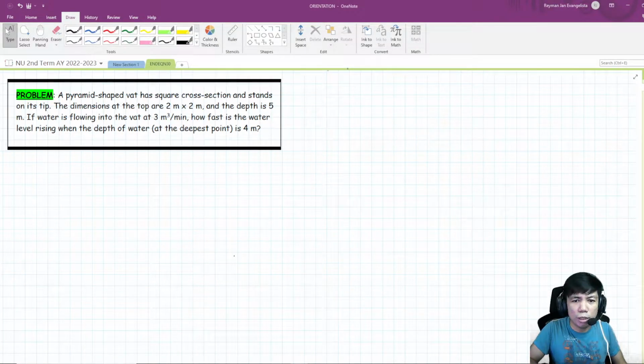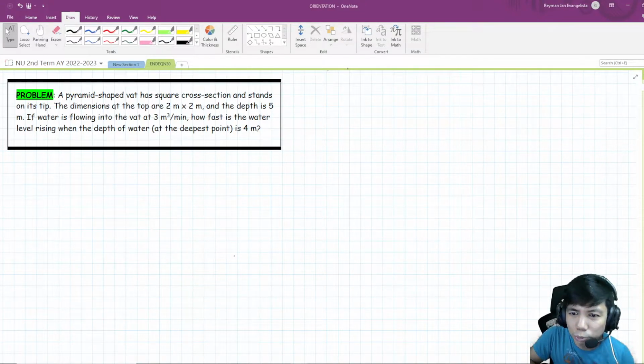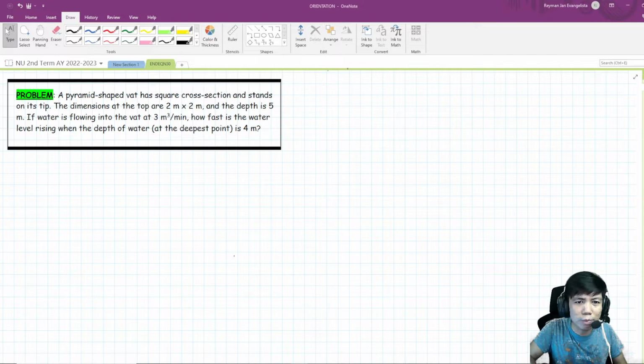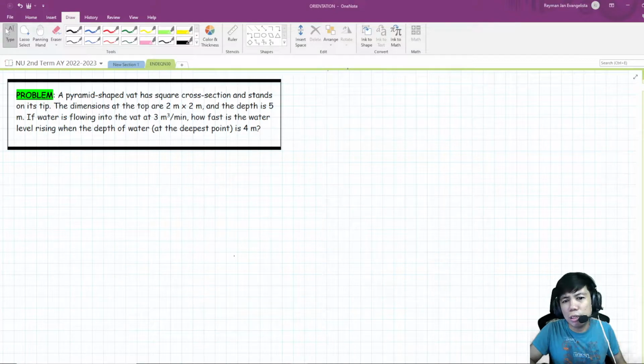And then yung kanyang tip or yung apex is on the bottom. Now, the dimensions at the top are 2 by 2 meters and the depth is 5 meters. Now, if the water is flowing into the vat at 3 cubic meters per minute, how fast is the water level rising when the depth of the water at the deepest point is 4 meters?